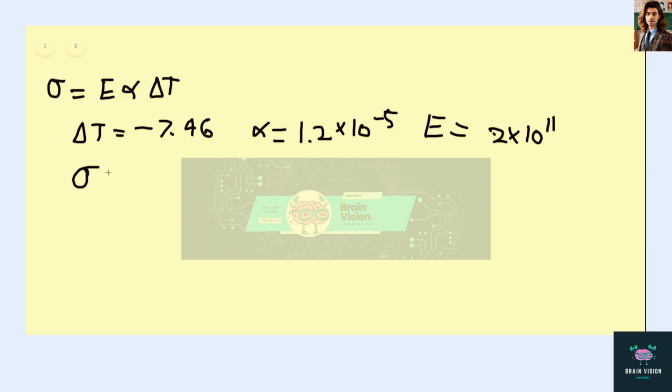sigma, the stress, is equal to minus 1.79 times 10 to the 7 pascals. One thing to note here is that when calculating the tension in the band, naively, if we had a straight bar, it would only be connected once through.